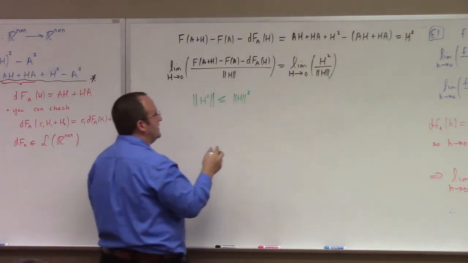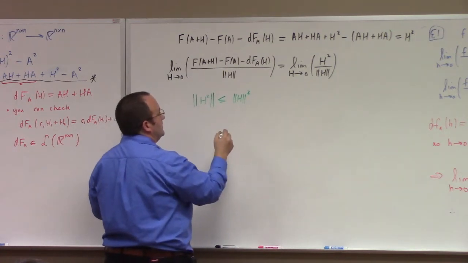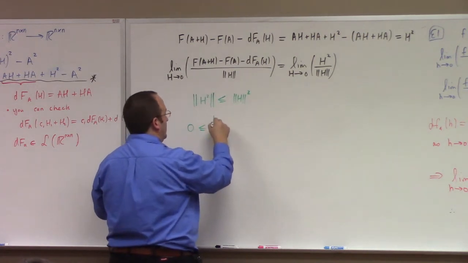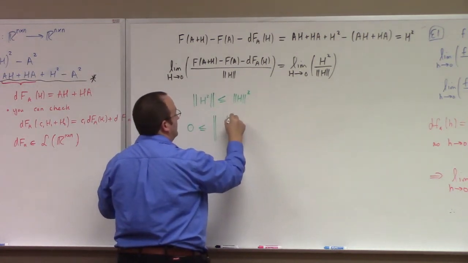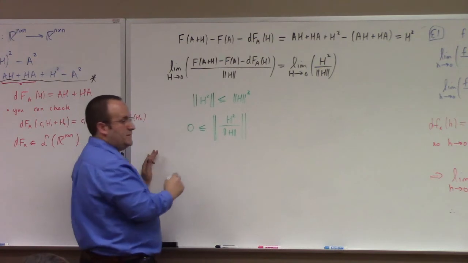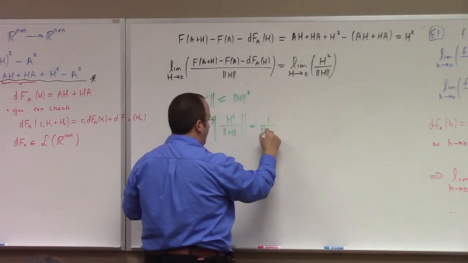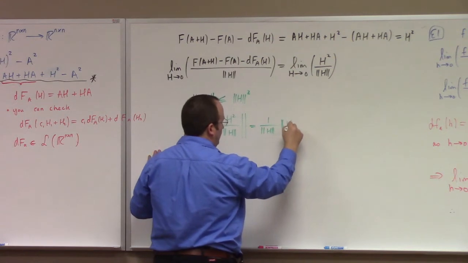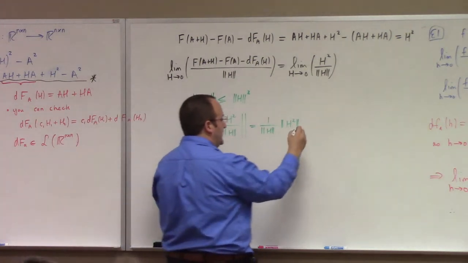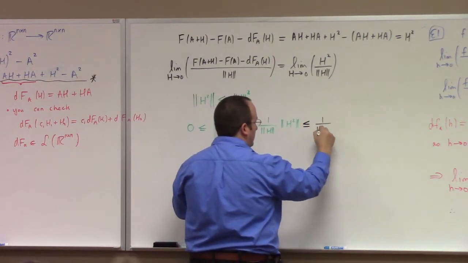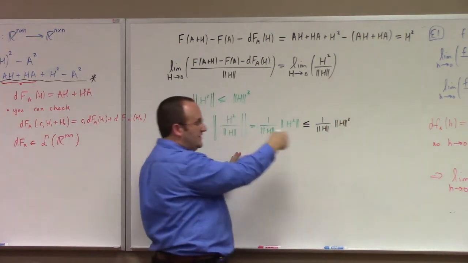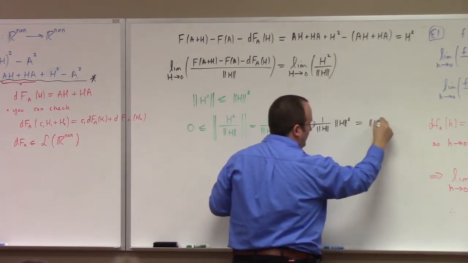So we have the following inequality. 0 is less than or equal to the norm of h squared divided by the norm of h, which is equal to 1 over the norm of h times the norm of h squared, square on the inside of the norm. Properties of the Frobenius norm, that's less than or equal to 1 over the norm of h times the norm of h squared. Of course, this is equal to the norm of h, right?